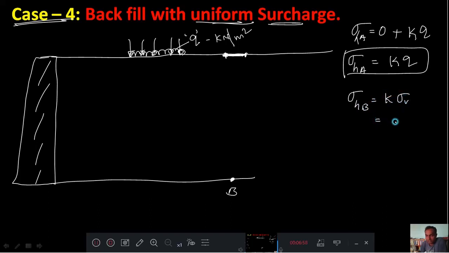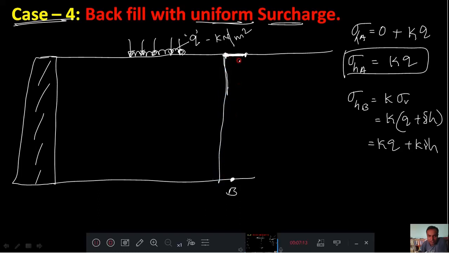Then what is your vertical stress? Q is also vertical stress, and gamma into H is also vertical stress. Therefore K into Q plus K into gamma H, and we will get a reference line and this line. These are all straight lines.